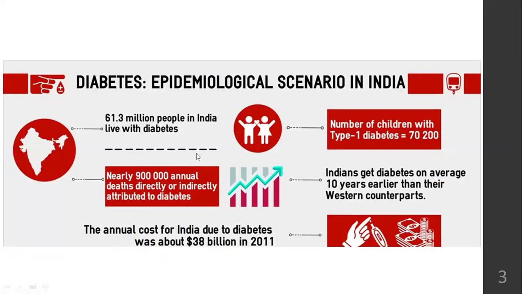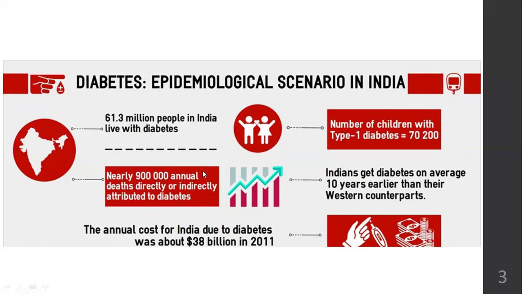From an epidemiological point of view, diabetes is highly prevalent in India, and the rate at which people are getting diabetes is increasing, especially in the urban population. It's estimated that around 61.3 million people in India live with diabetes, and out of that, around 70,000 are kids who have type 1 diabetes.